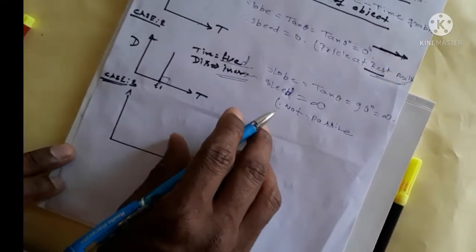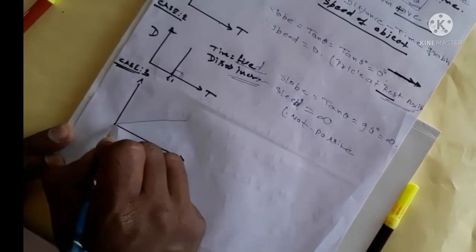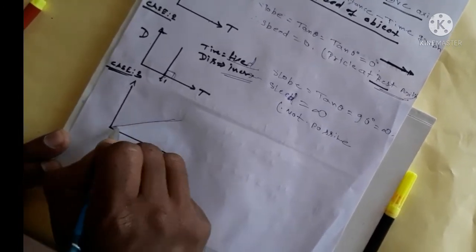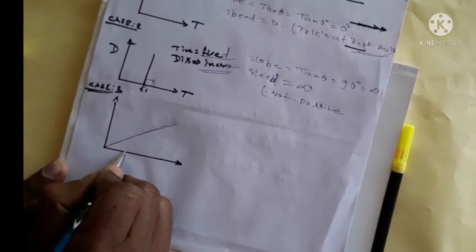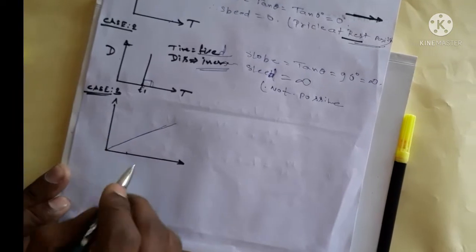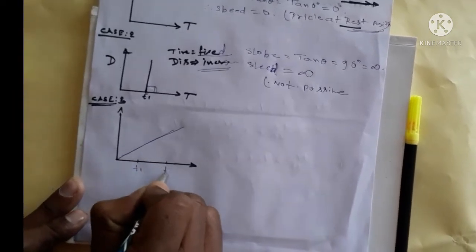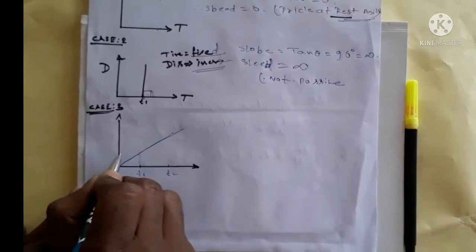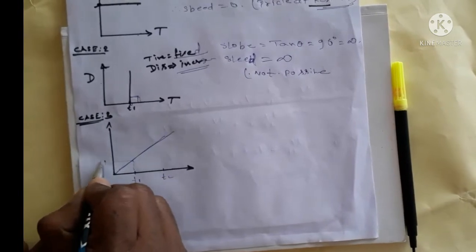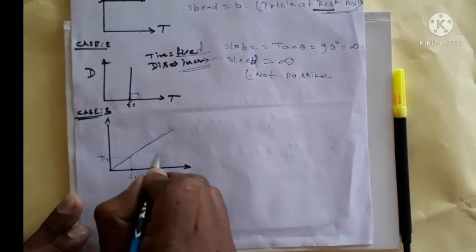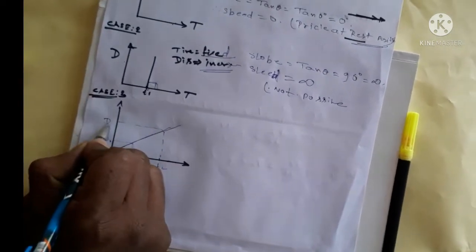Now case 3. This graph increases in the same ratio from this point t1 and from this point t2. This distance is d1 and this distance is d2.